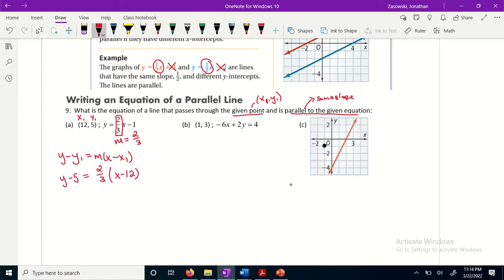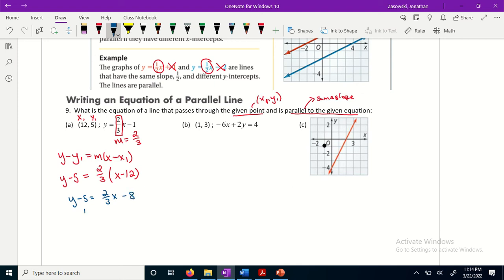And then if we needed to get it in y equals mx plus b form, remember we would just distribute through. We'll switch colors here so we can see it. So distribute through. We're going to get y minus 5 is equal to 2/3 x, and then 2/3 times 12 is 2 times 12, which is 24, divided by 3, so that's 8.